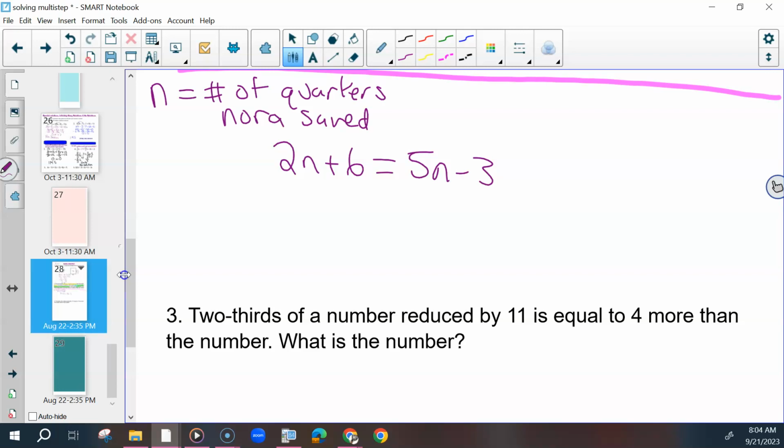Subtracting 5n to the other side. Because we moved all the variable terms to the left, let's move the constant to the right, subtract 6. And divide.